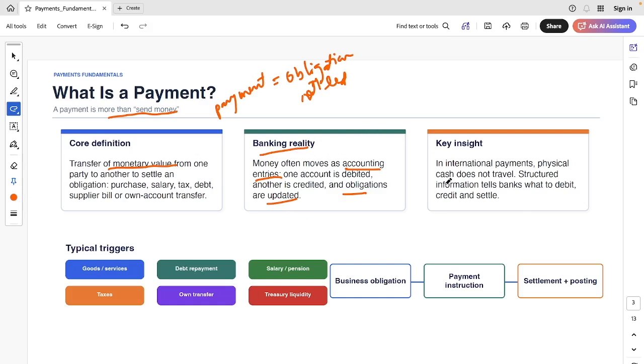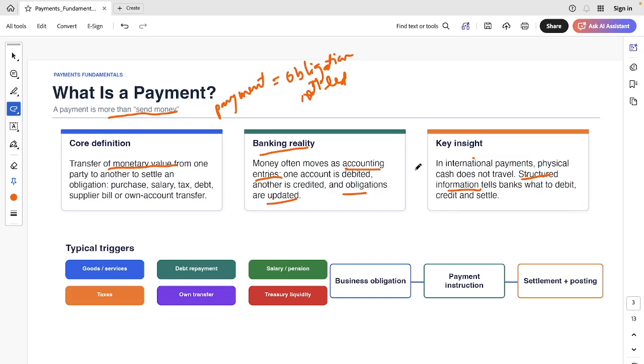In an international payment, cash is not packed in a suitcase and sent from India to the US, for example. What travels is actually structured information. It is a message telling banks what amount to debit, what amount to credit, who is the sender, who is the beneficiary, and how settlement should happen.